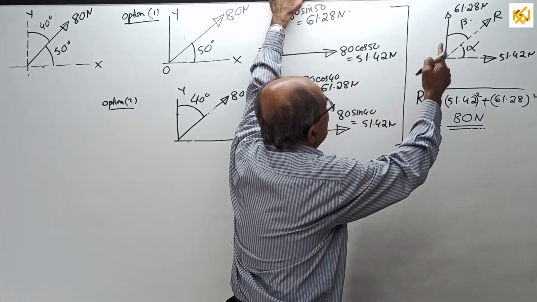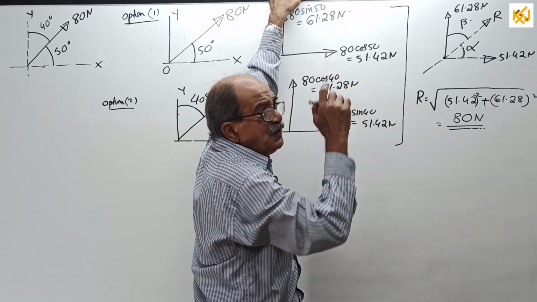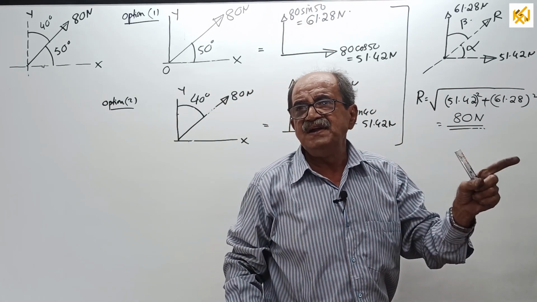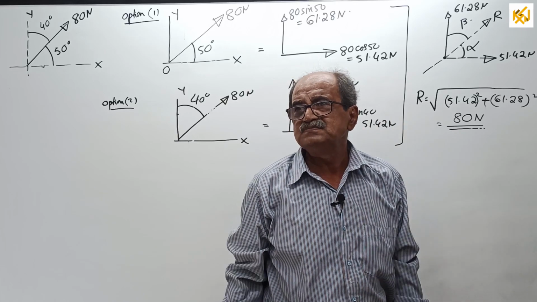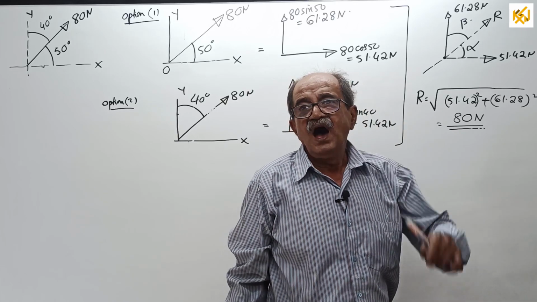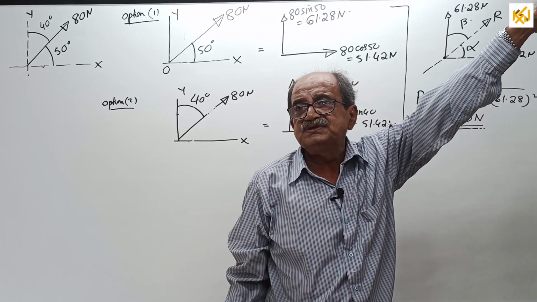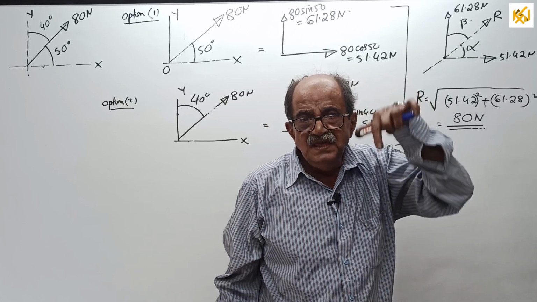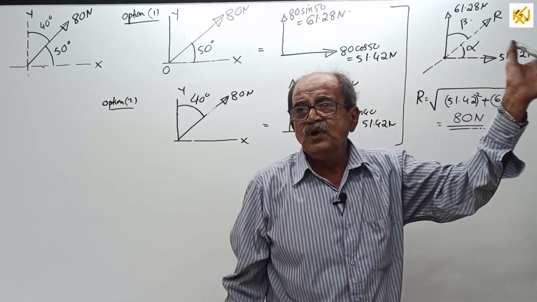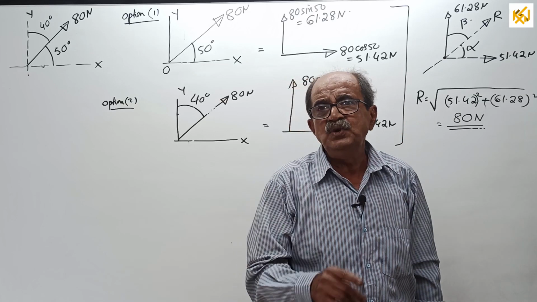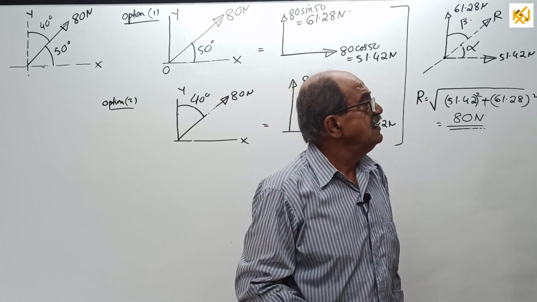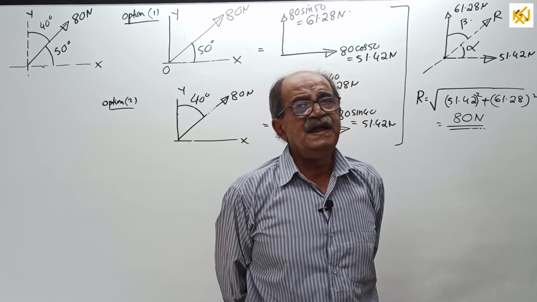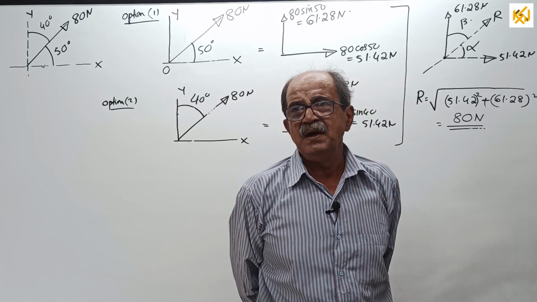Now, see, how to get the angle. If you remember, last class I told, the angle made by the resultant with any one of the forces is: other force into sine of the angle between the two forces, divided by this force plus other force into cos of the angle, that will give tan of that angle. But here the angle is 90 degrees. When the angle is 90 degrees, cos 90 becomes 0 and sin 90 becomes 1.